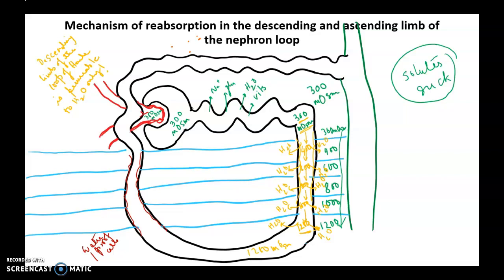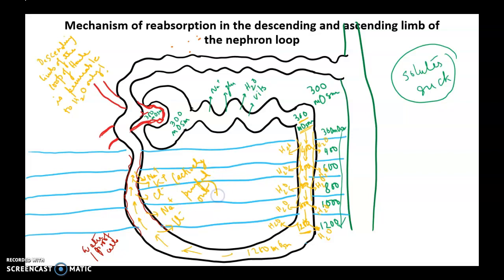Therefore, the filtrate now moves to the ascending limb, and as it passes through, remember it's water impermeable. So at this point it only pumps out salt, by active transport. It pumps out sodium chloride, potassium. All these salts are actively pumped out.